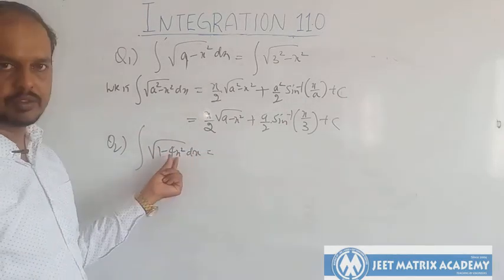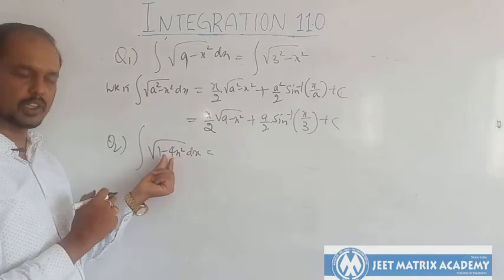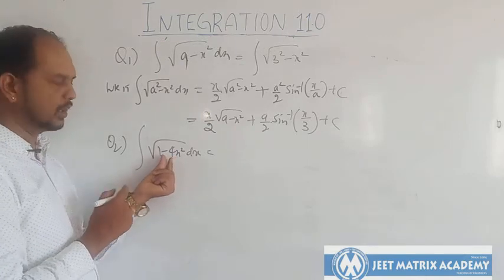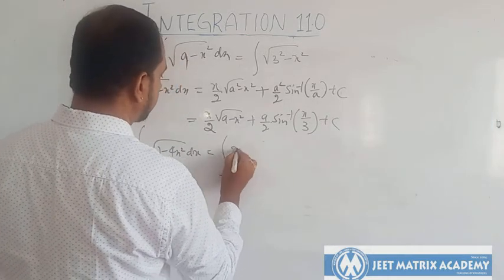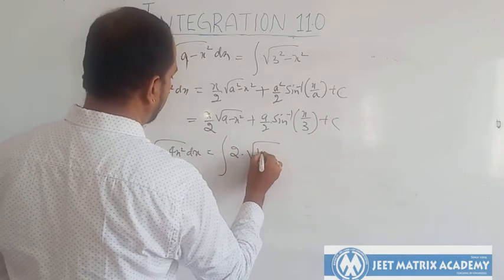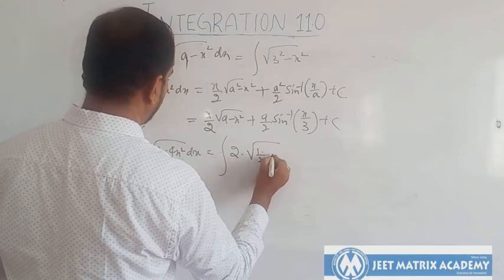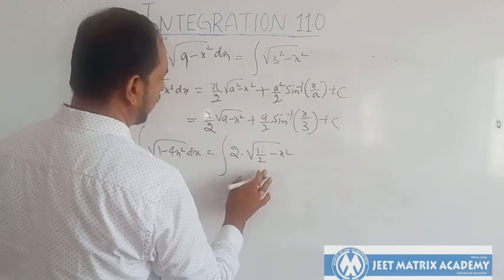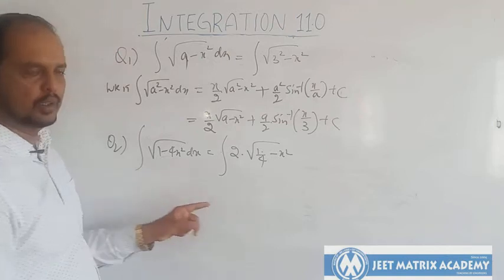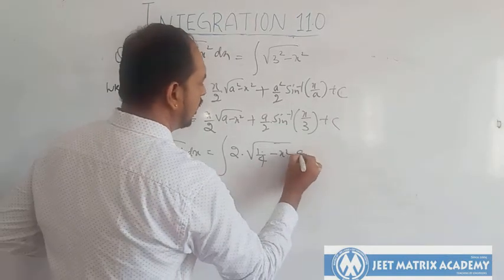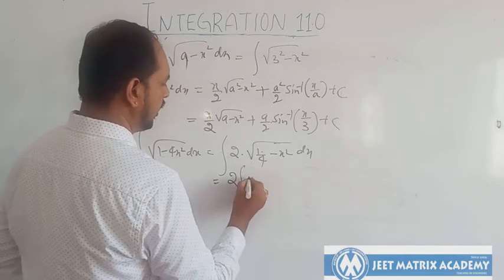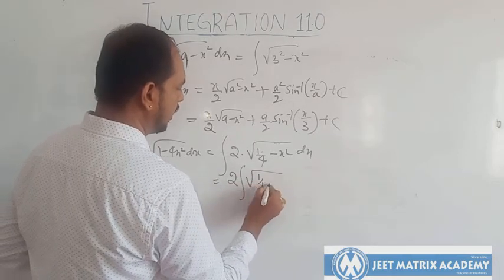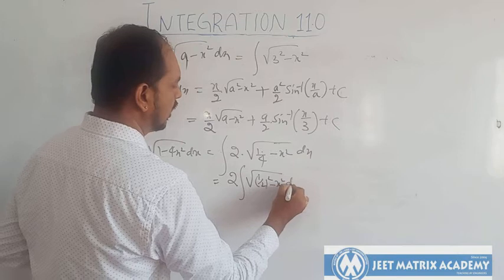Here the coefficient of x square is 4, you are supposed to take it out. When you take 4 out, what happens? It will be 2. So integration of 2 into root of 1 by 4 minus x square dx. I'll take 2 outside, and this I could write as 1 by 2 whole square minus x square dx.